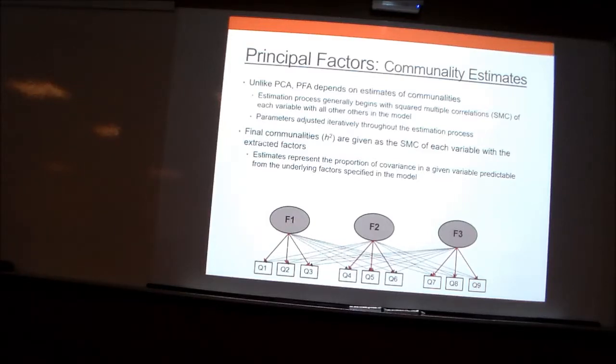But if we're looking at our communalities, what we're doing is regressing factor 1, factor 2, factor 3 onto question 1. The proportion of variability in question 1 that's being accounted for by these 3 unobserved factors, that's going to be our communality estimate.